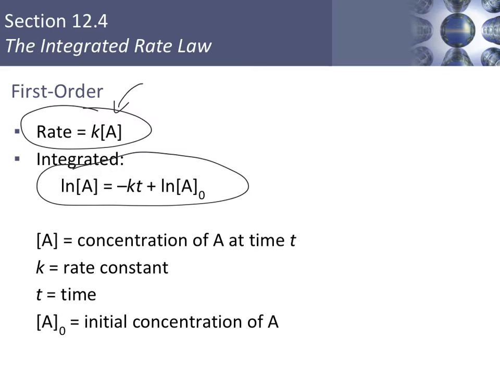And to that we add the natural log of the initial concentration of A. This integrated rate law for first order reactions is on the AP Chemistry Equations and Constants reference sheet that you get to use on the exam.